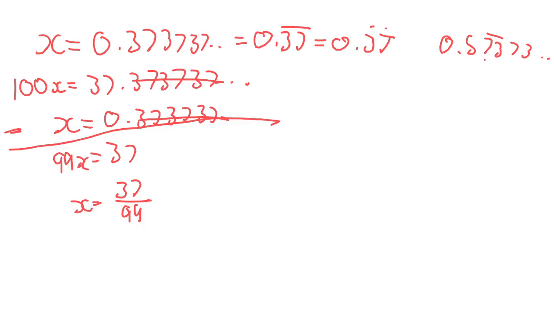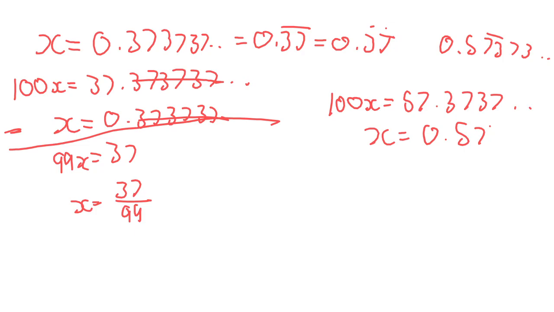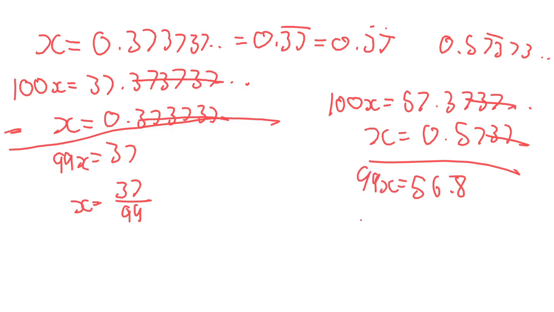For example, let's take 0.57373... 100 of that would be 57.3737..., and then x would just be 0.5737... So only this part cancels out, and you still have 57.3 minus 0.5, which would be 56.8, and that would be 99x. And then all you would have to do is multiply both sides by 10 to get 990x equals 568, and then you can just divide both sides.